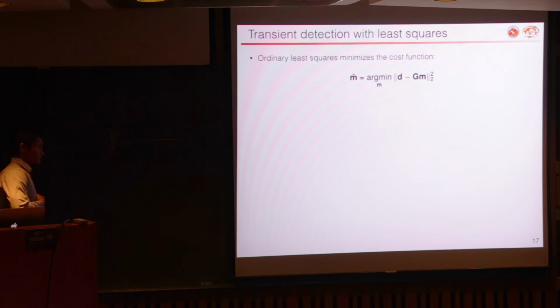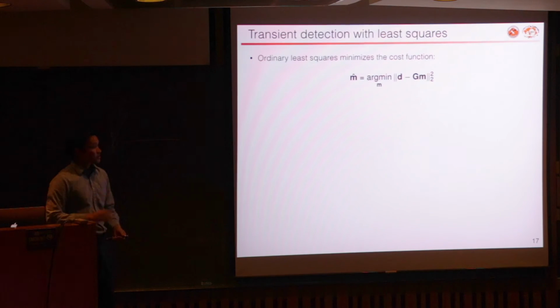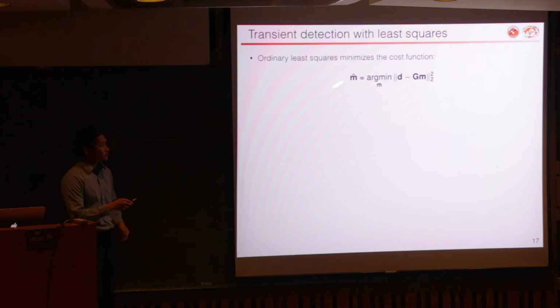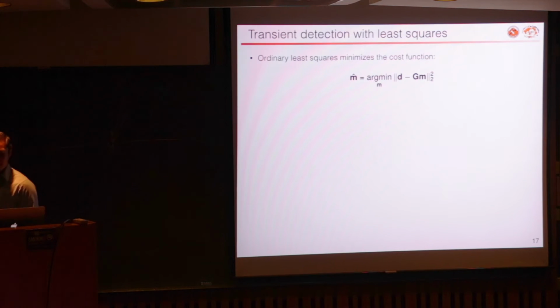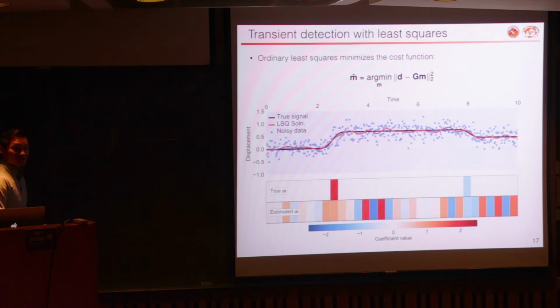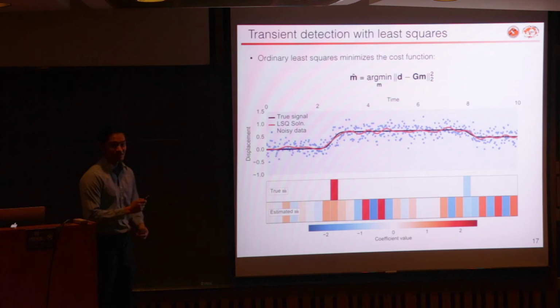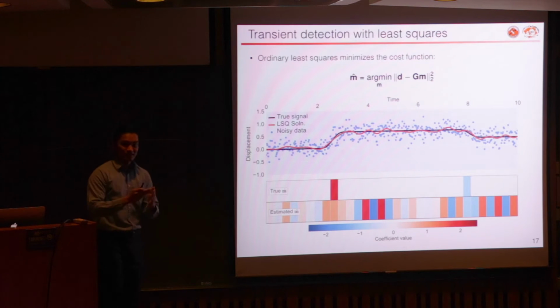And so the transient detection is then solving a least squares problem. You're trying to solve for m. So in this case, if you use ordinary least squares, what happens is that if your cost function is only minimizing the sum of the squares of the misfit, you're going to get a very noisy reconstruction because G is very ill-posed. It's non-orthogonal, highly redundant.